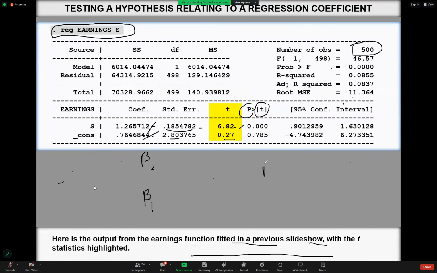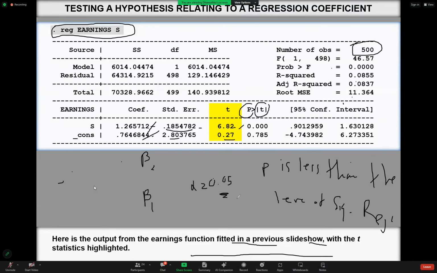If the p value is less than the level of significance, we reject the null. What is the level of significance? You can decide it. Let's say the level of significance is 5%.